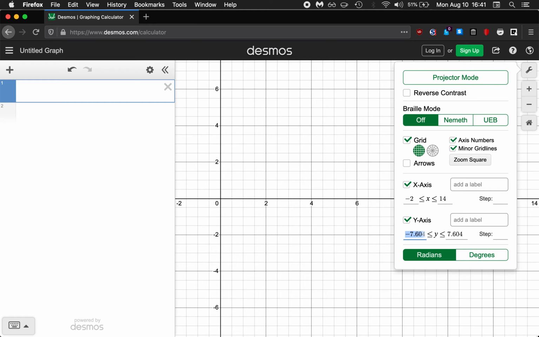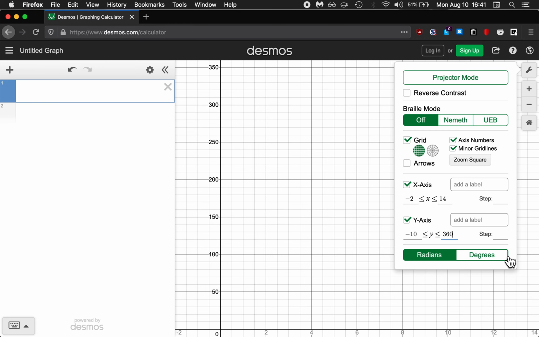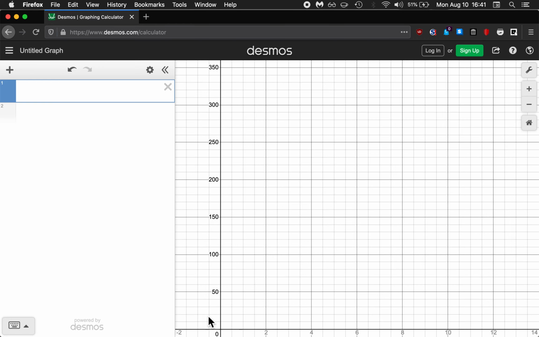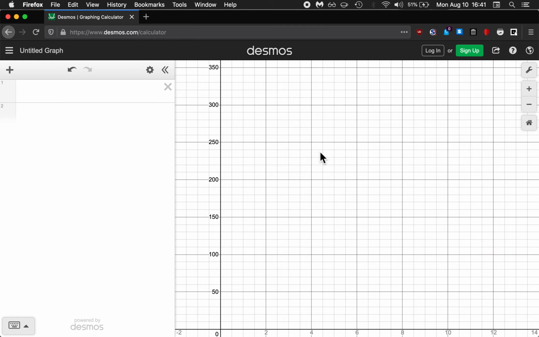My y-axis, similarly, let's go from minus 10 up to 360. So I'm going to be thinking of this: the x-axis is time, the y-axis is degrees around the clock.